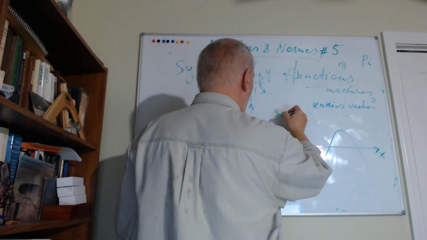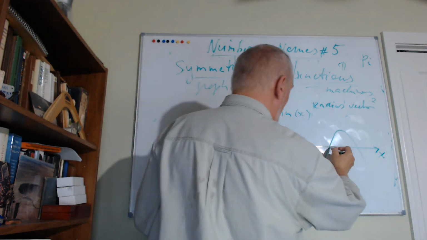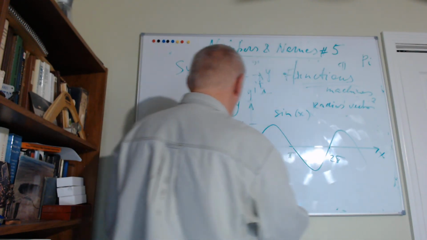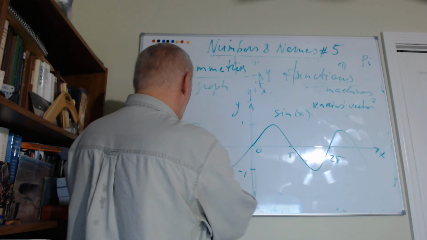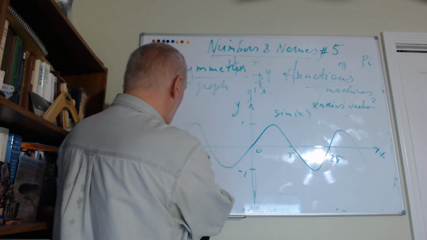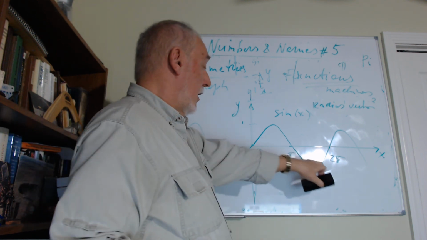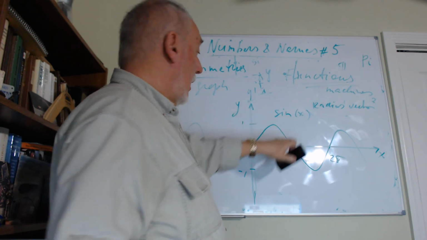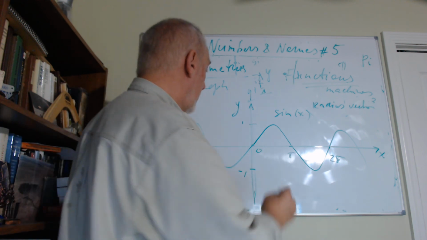Here is minus pi, here is minus 2 pi. So again, this is called sine. And again, symmetries. Find the symmetries for this function.